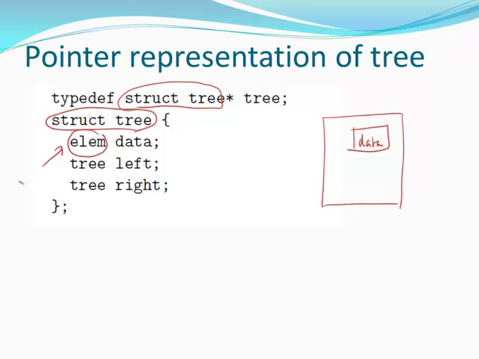For now, let's just assume that the client will give me the element type. That can be an integer, a string, or any other type. Then you have another field called left, which is a pointer to one of the structures called tree, and a field called right, where you have another pointer. Using this nonlinear structure, we should be able to create a tree-like structure.